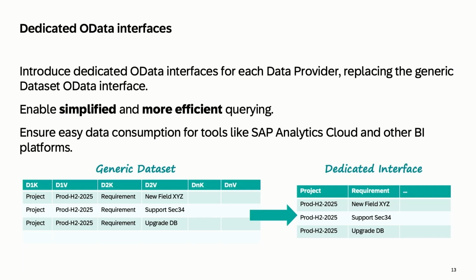You don't have all this generic naming for the dimension and measure. You have immediately the correct dimension name and measure name. So much easier to consume and also more efficient in terms of performance. There are some improvements, and different advantages to use this dedicated OData endpoint.